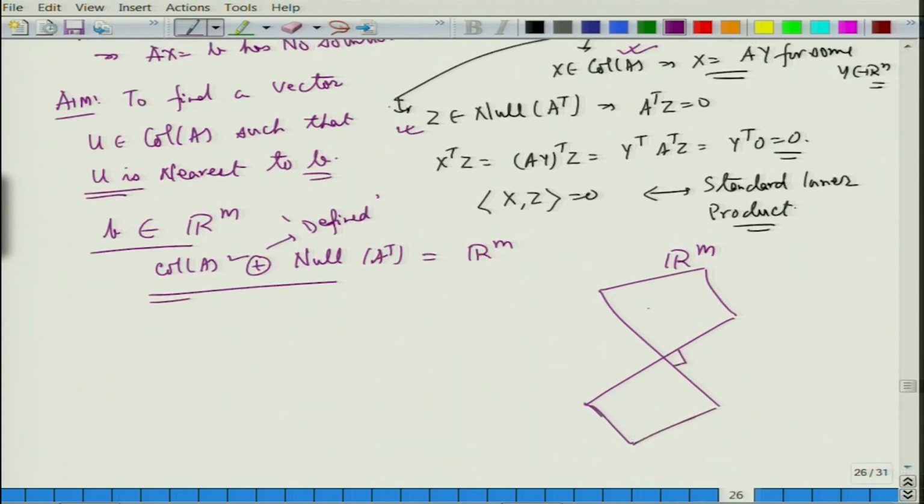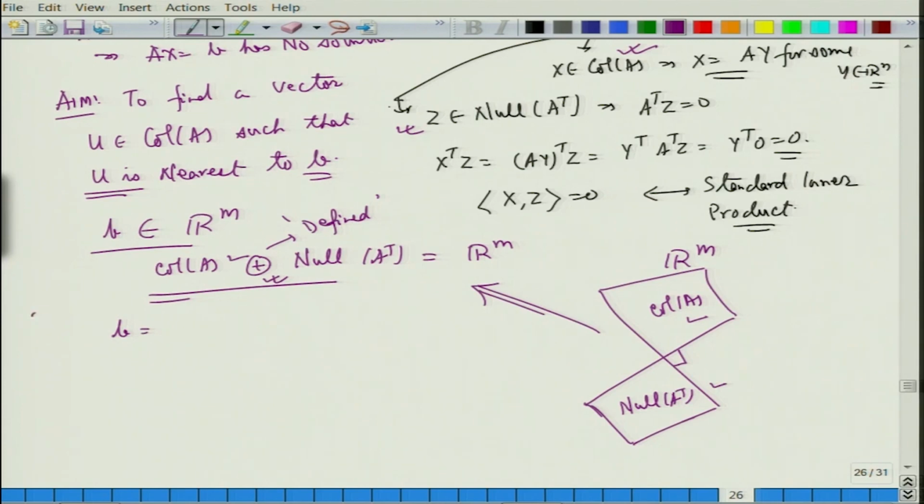We wrote here the column space of A and there was the null space of A transpose, which was perpendicular. So this is what I am putting here, Rm I wrote like this, and this language is the same as saying that they are perpendicular for me. This has other meaning, but since they are perpendicular, this implies this part. So what we are saying is that any vector B can be written as a sum of this and this.